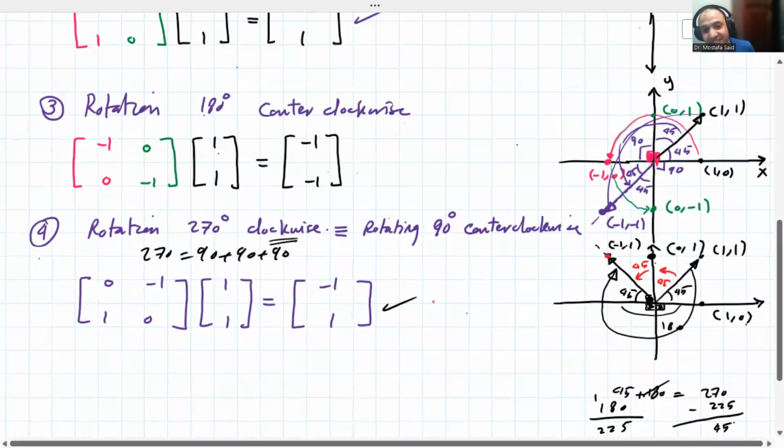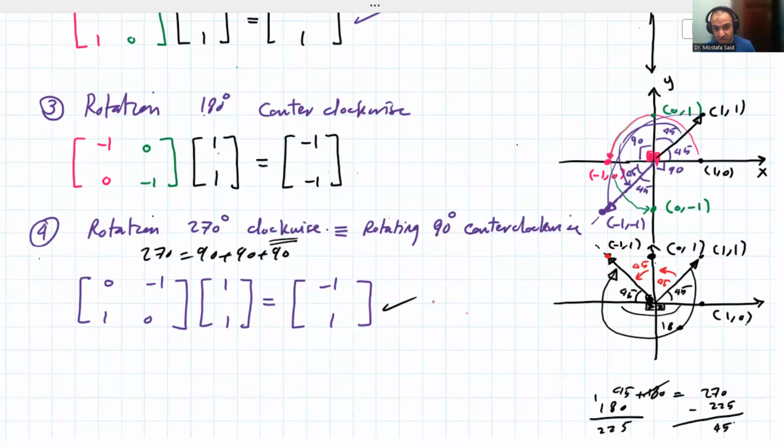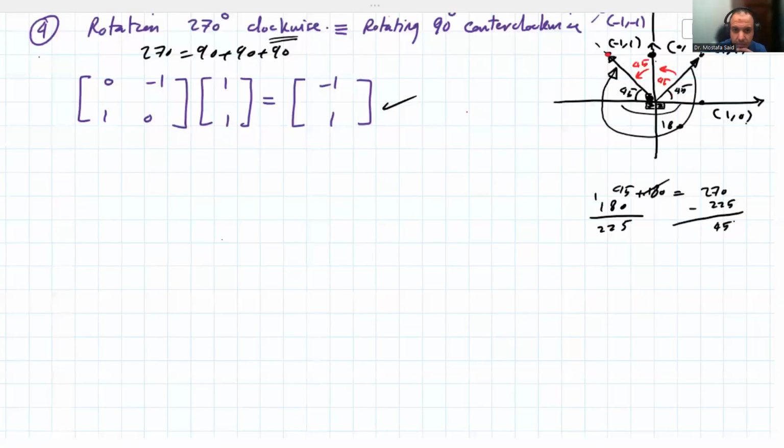So we're going to reach the same point, right? So that is a trick that you can do. I advise you to always use counterclockwise, or basically whatever you find more convenient, just use it. Okay, let's now do the general rotation with any theta.